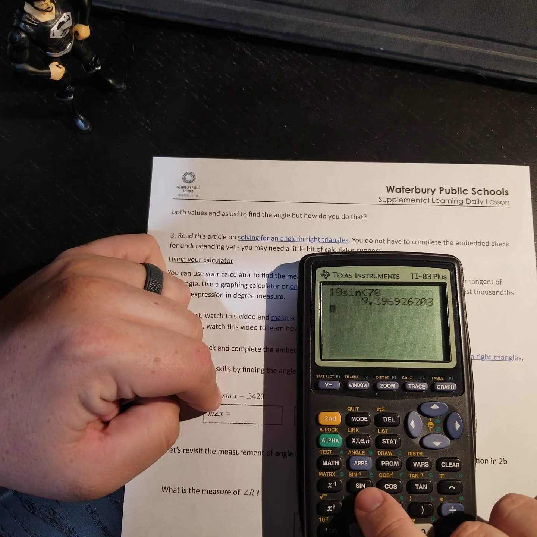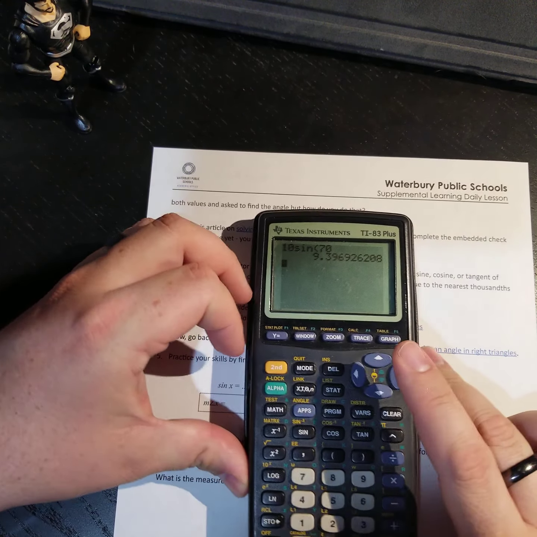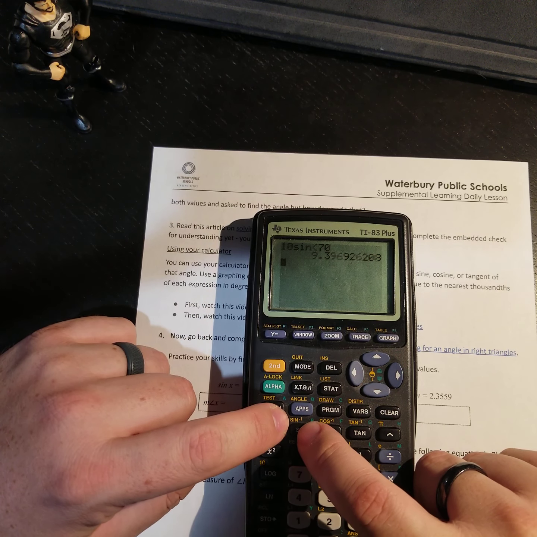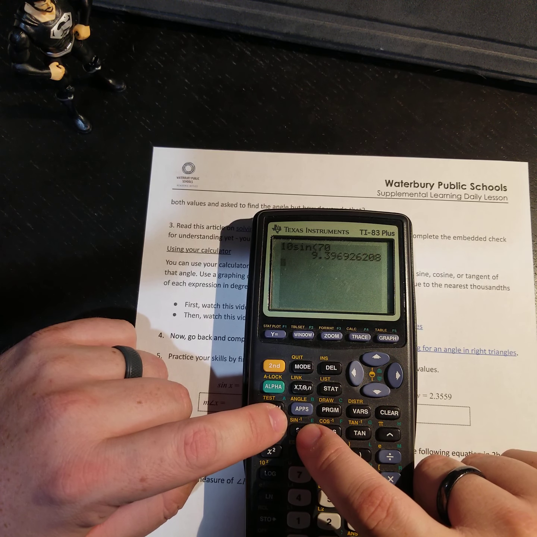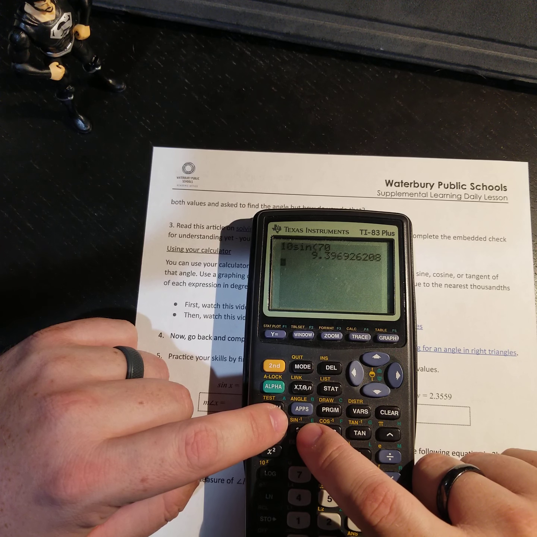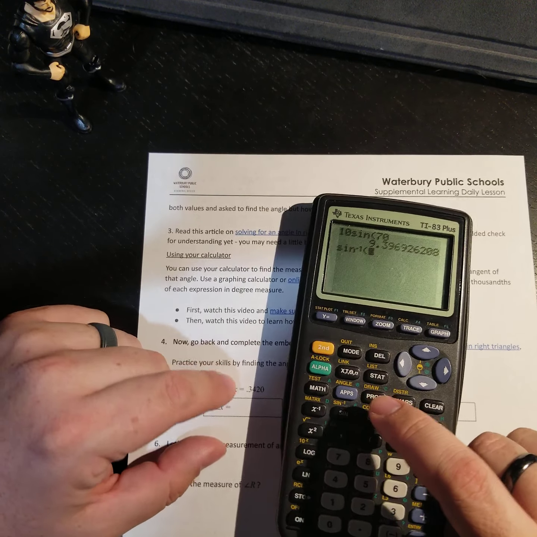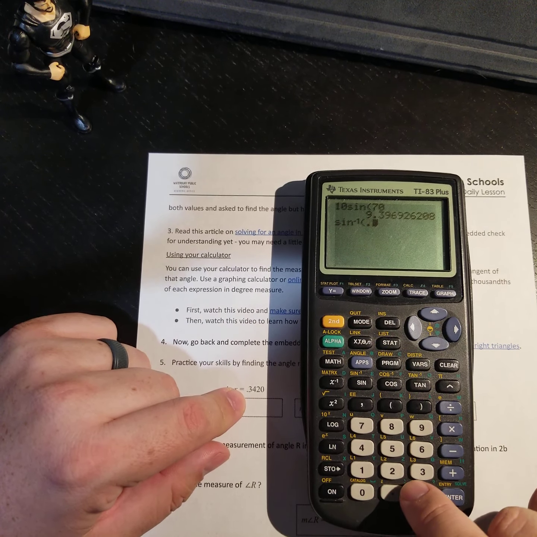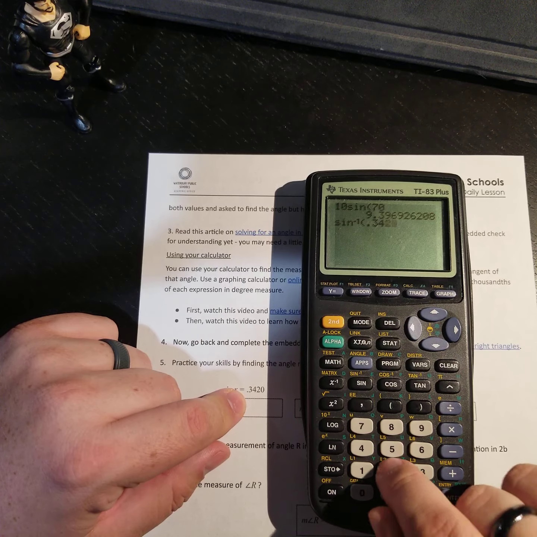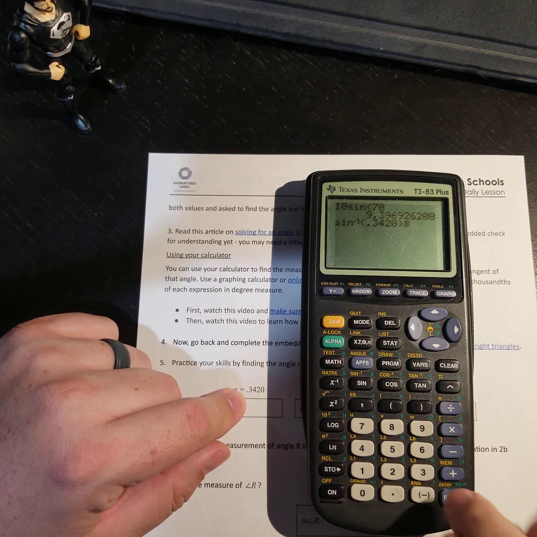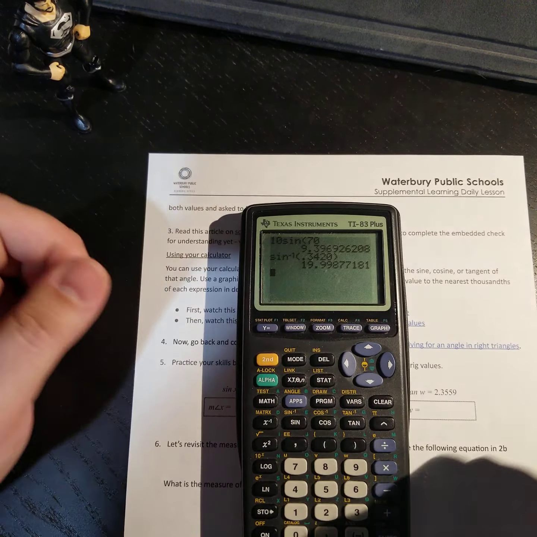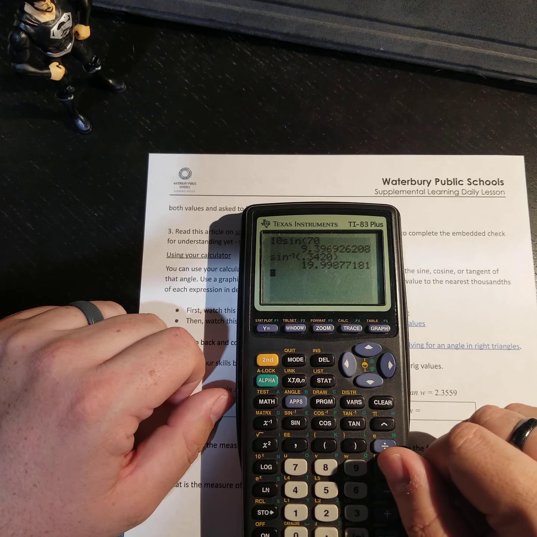So how do we get the opposite of sine? If you can take a look, right there, sine to the -1 is the opposite of sine. Second, sine, ready for this? This is so difficult. 0.3420. Done. That's my degrees. So difficult.